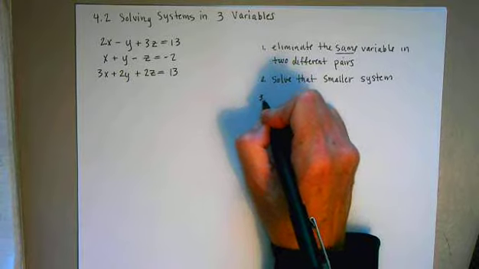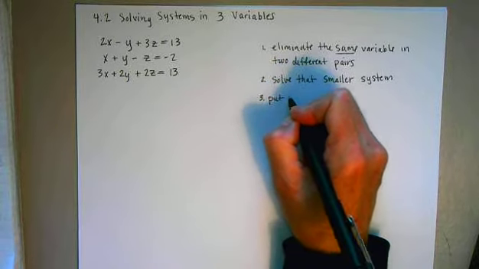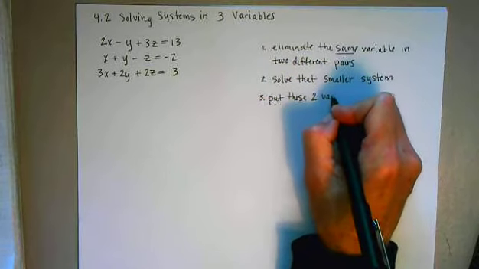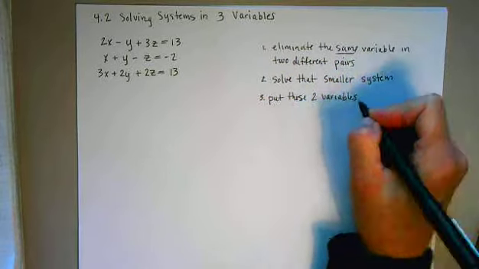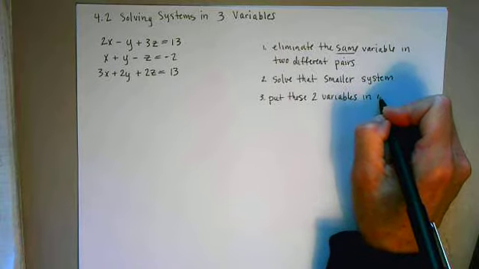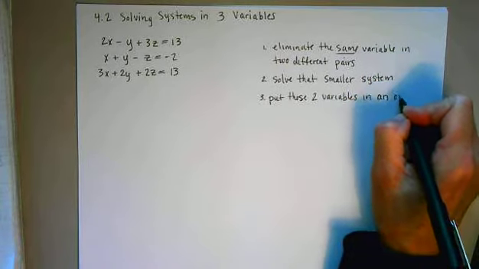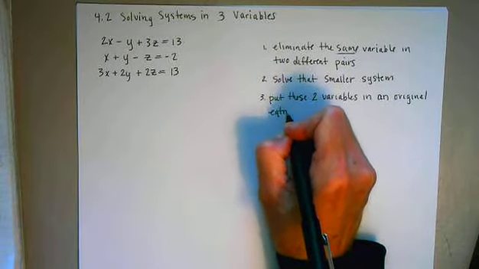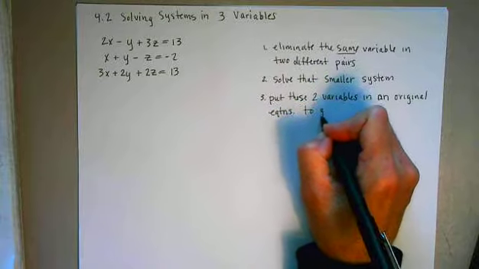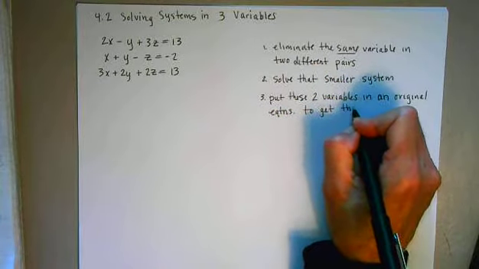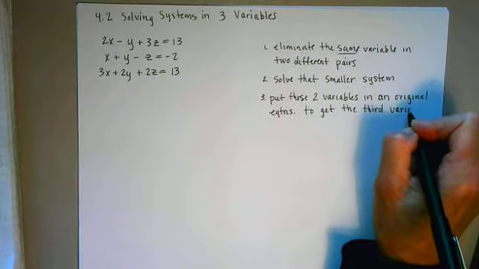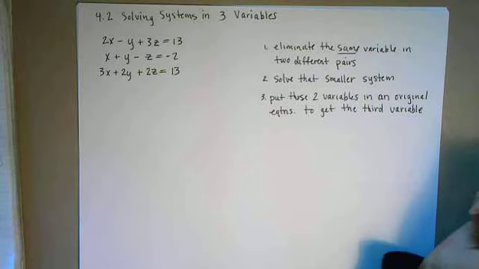And then you'll have 2 of your variables, and so you have to put those 2 variables in one of your original equations to get your 3rd variable. Okay, so let's go ahead and try that.